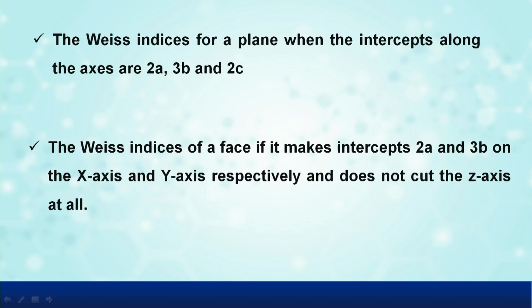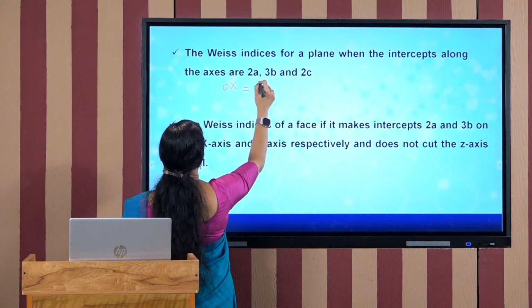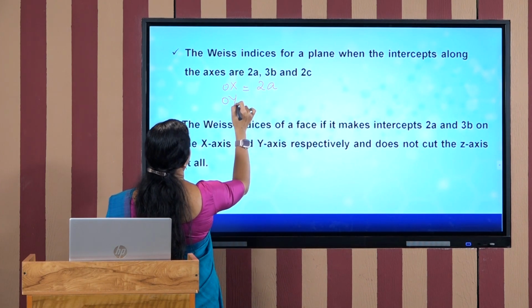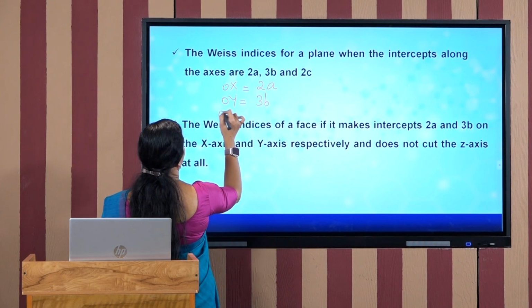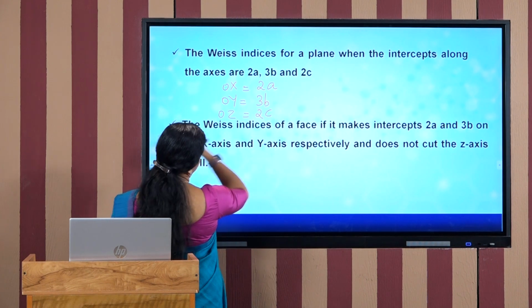For example, the Weiss indices for a plane when the intercepts along the axes are 2a, 3b and 2c. Okay. So, we have 3 axes. Along OX let the intercept be 2a, along OY let the intercept be 3b, and along OZ the intercept be 2c.